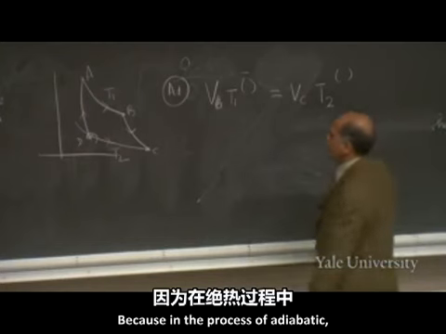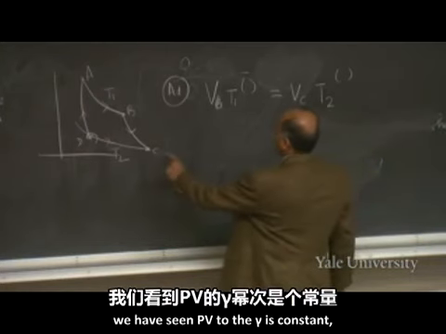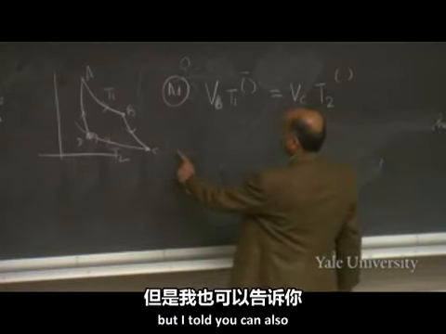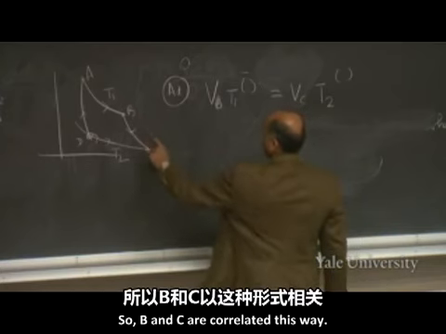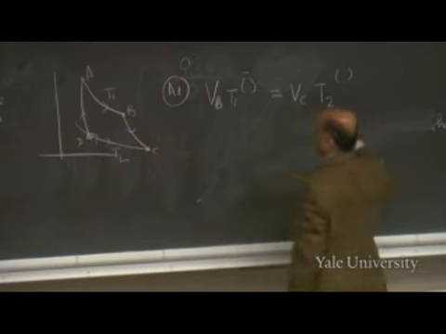Because when the process is adiabatic, we have seen PV to the gamma as constant, but I told you can also write it as volume times temperature to some power is a constant. So B and C are correlated this way.